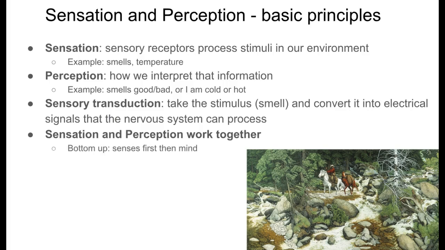Example, bottom-up processing. This is when we first take in our senses and then that goes to our mind. So if you close your eyes for a moment, I might ask you just to think about the very basics of what you feel. Maybe the pencil or pen in your hand or the desk under your hand, the way you feel as you sit in this chair, maybe the exact temperature that your skin is feeling.